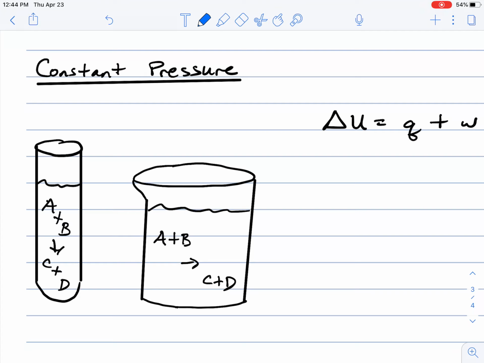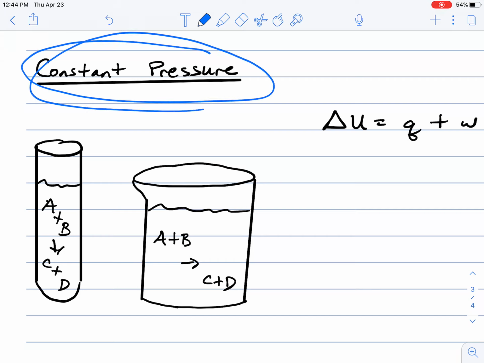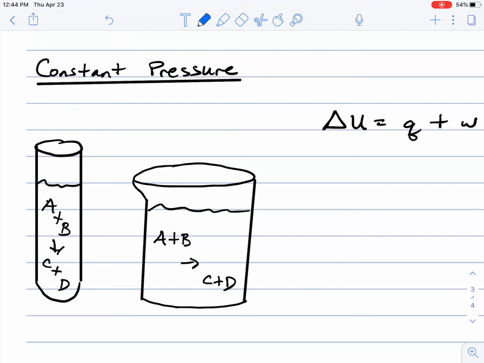And that reaction is therefore exposed to constant pressure. The pressure I'm referring to is atmospheric pressure. In this case, it's exposed to 1 atm if you're at sea level.